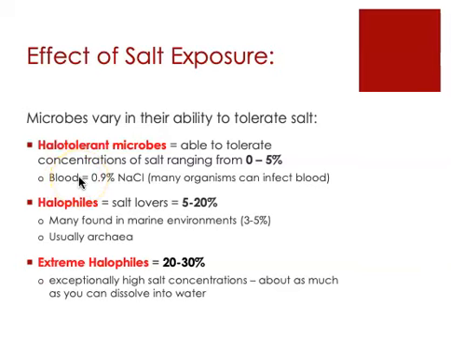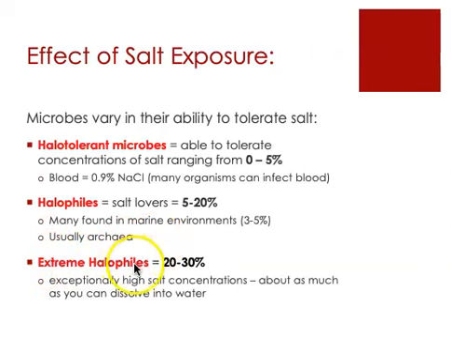Blood has salt in it, but it's a low enough amount of salt that many microbes are able to tolerate it. There are some microbes that are halophiles. They love salt. So they can grow in environments that have anywhere from 5 to 20% salt. That's a lot of salt. Most of the halophiles are actually archaea. Remember, the archaea in general can survive in more extreme environments than bacteria can.